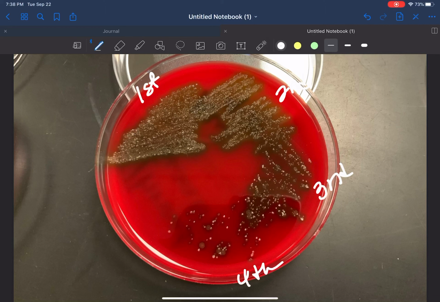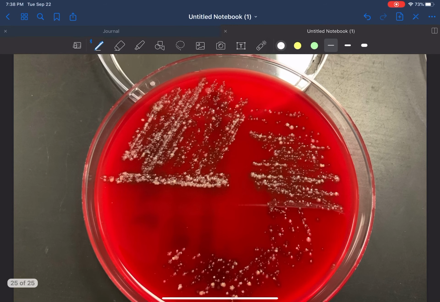So how many different colony types do we see? 1, 2, for sure. But this is all alpha hemolysis back here. You can't see any beta hemolysis, but what you're looking for is beta hemolysis and green mucoid colonies, and we don't see any, so all this would be normal flora. And the point is, you don't want to work up normal flora.